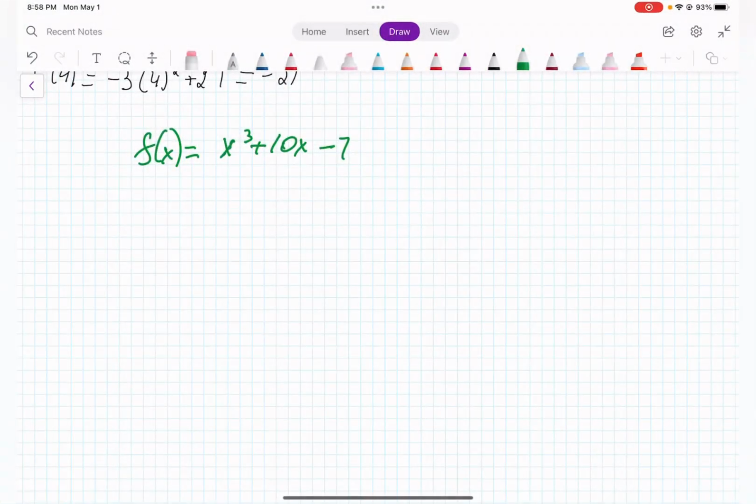So the derivative, this is number 3. The derivative is going to be 3x squared plus 10. So this is our derivative. Now to find the critical value, I'm setting it equal to 0.